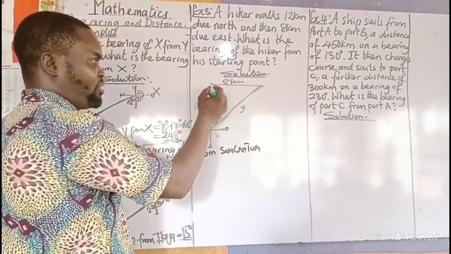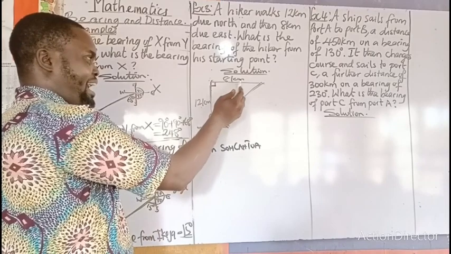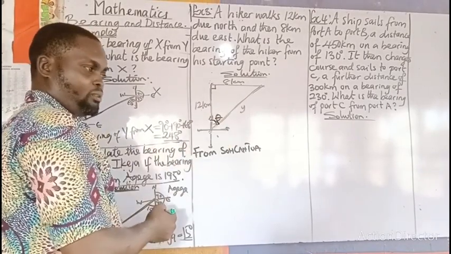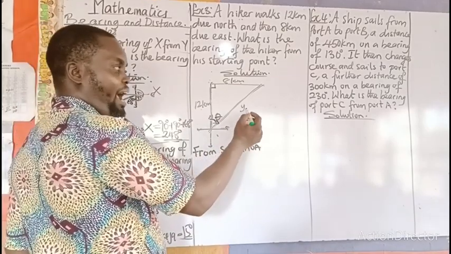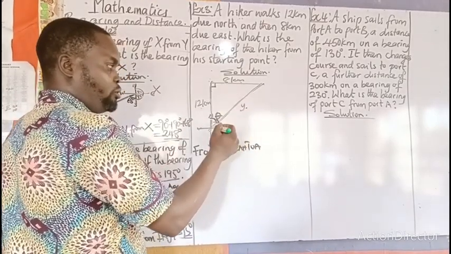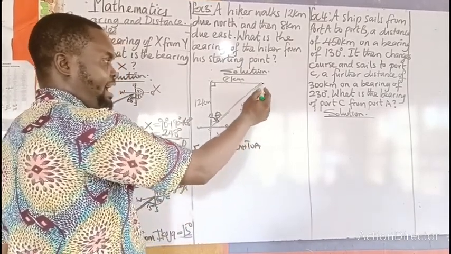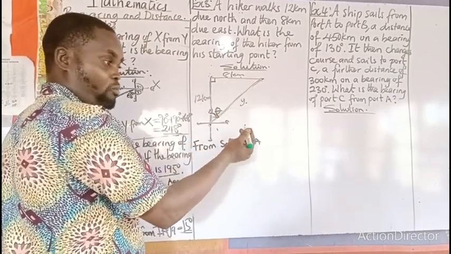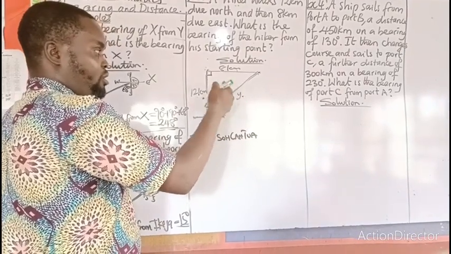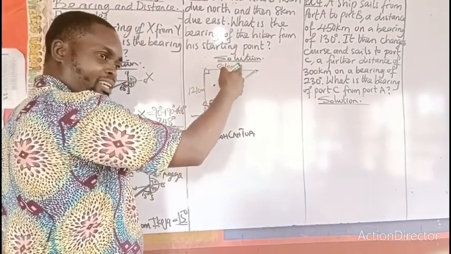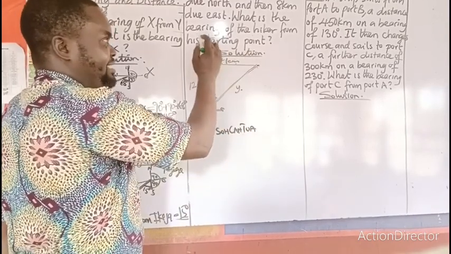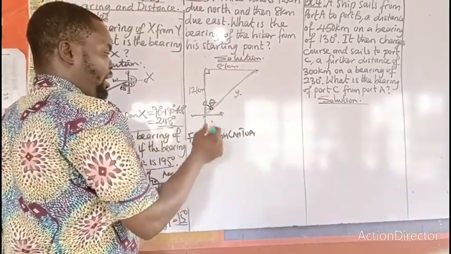We have a right angle triangle already here, and we are given two sides, but we are looking for the angle, this theta. Assuming we were looking for y, maybe if they told me to find the distance of the hiker from the starting point, I'd use Pythagoras theorem: y squared equals 12 squared plus 8 squared. That will give me my y. But that's not what they asked. They asked for the bearing of the hiker, and that's what we are doing.